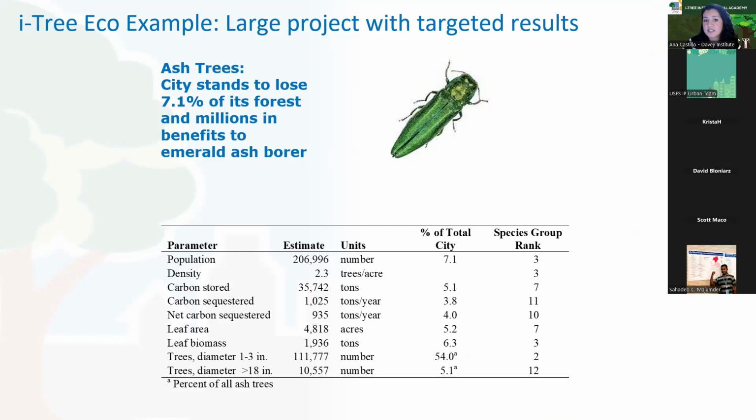And also motivation to take care of the older trees, because as we know, the older trees are providing more benefits. So it would be a bigger loss to the community if these older ash trees were to die because of this pest. So again, these are ways that the results can inform strategic management and those decisions about managing the urban forest.